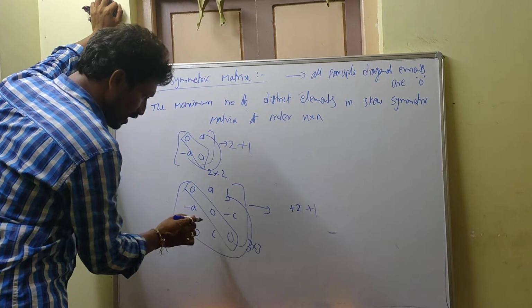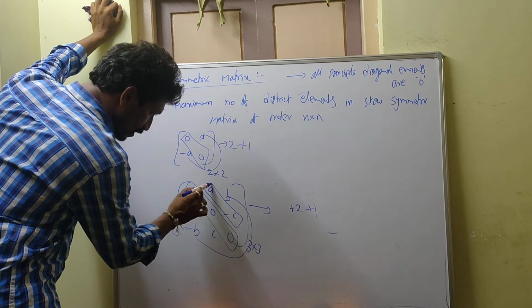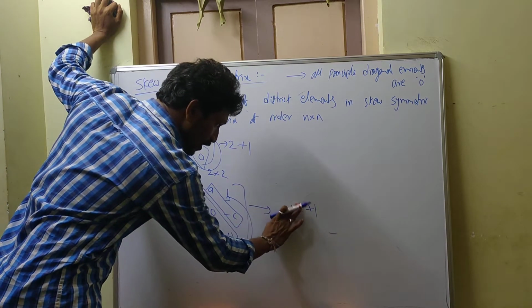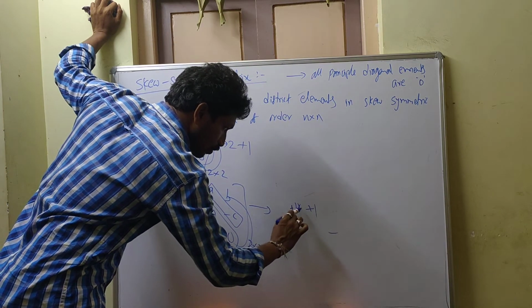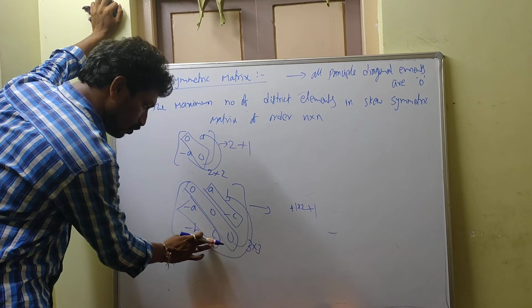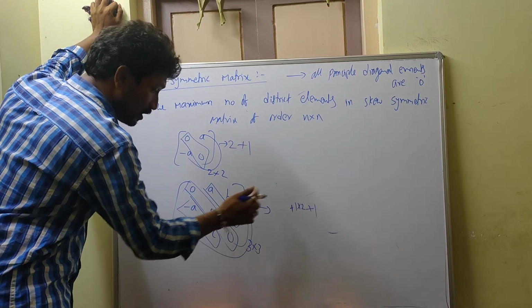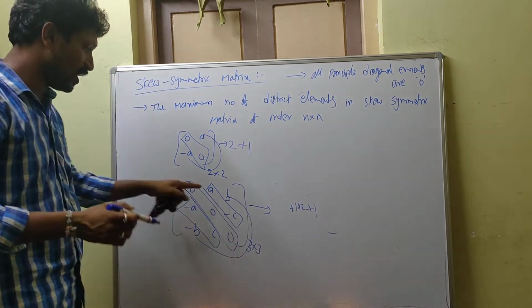Plus, here these are 2 different numbers, these are also 2 different numbers. That means these 2 we can write as 1 into 2. These 2: here A, it is minus A; here minus A, it is C.